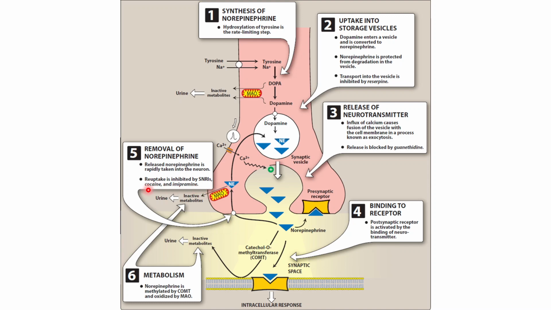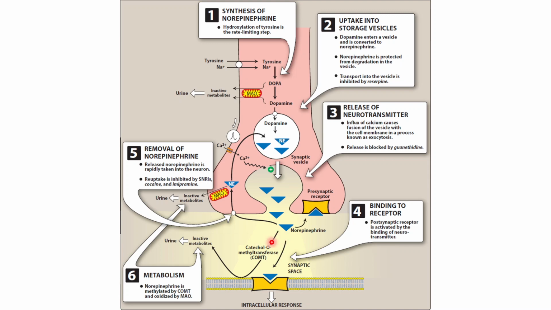Cocaine is also inhibiting the reuptake, and by inhibiting reuptake it will lead to the increase of norepinephrine in the synaptic cleft, and that is why it is an adrenomimetic. So that will increase the concentration of norepinephrine.